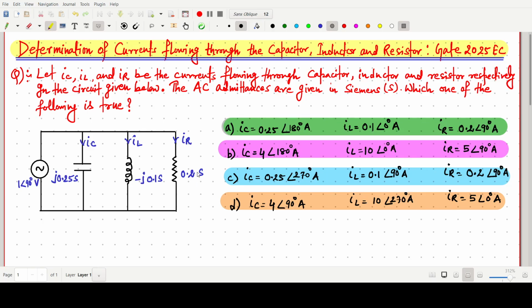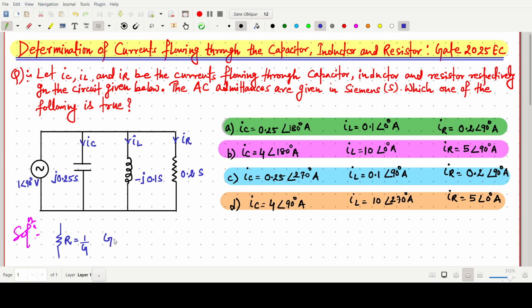So the admittance term is given. So how to solve this problem? First, if we are considering the resistor here, and this resistor is given, I am saying this as a resistance R, and the corresponding admittance, or conductance, can be written as G, just the reciprocal of this one.